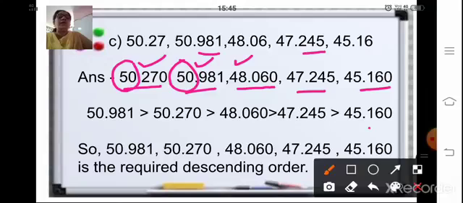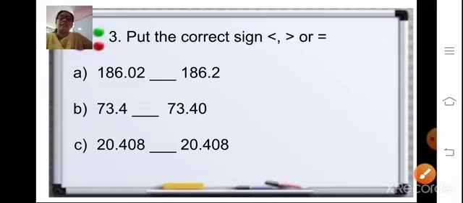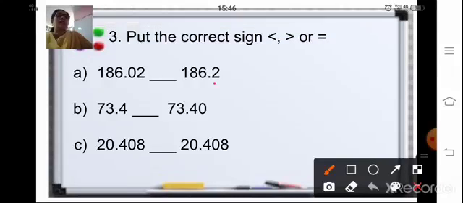Now the next sum, that is put the correct sign, greater, smaller or equal to. Now this you can do in the textbook itself. Here it says 186.02 and the next number is 186.20. After the decimal point, the first number has 2 digits, while in the second number it is only 1 digit.